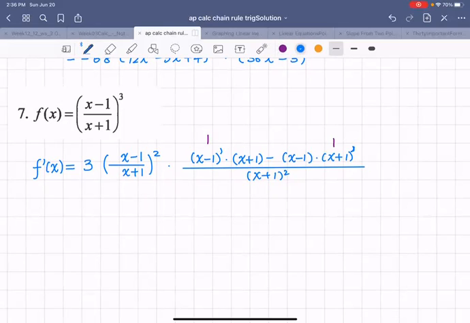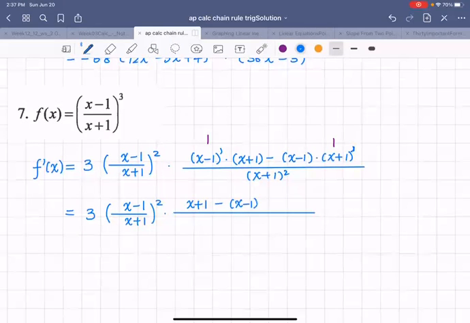So let's write down the next layer. One times x plus 1 is x plus 1. And then minus 1 times x minus 1 is x minus 1. And divided by x plus 1 squared.